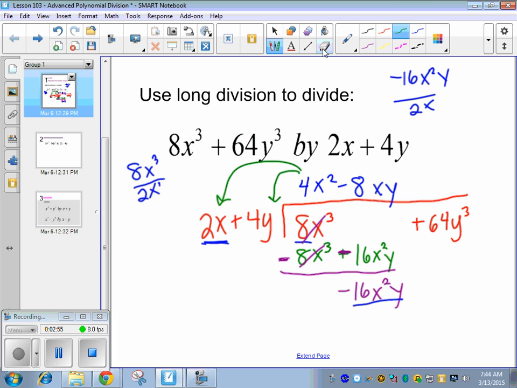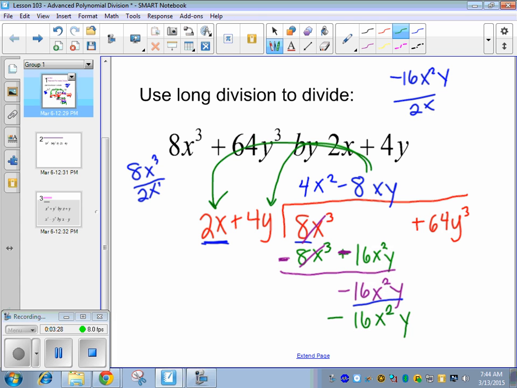After you put this up top, you multiply it back through to both terms in the front. Negative xy times 2x gives negative 16x squared y. We should get exactly what we have there.